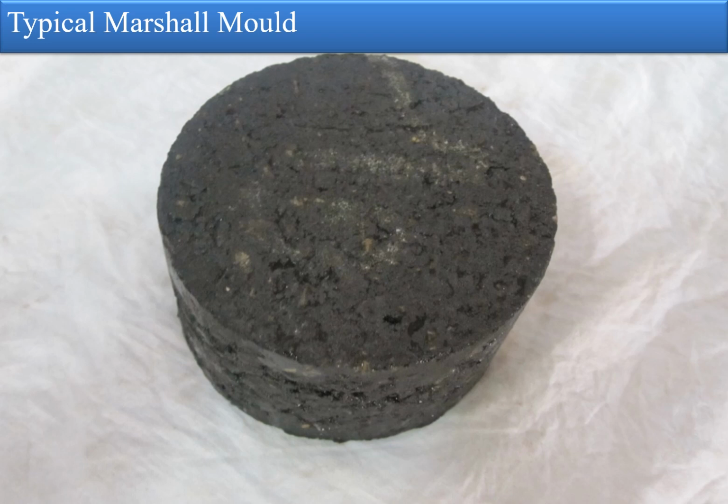Generally the indications are, if the sampling is not done properly, then also you will have these rough spaces on the sides, or if the compaction is not uniform, or the temperature of the mix has gone below the required temperature, then also you will have a difficulty in getting the compaction, and that will automatically get reflected on the face, at least on the side faces of the Marshall molds.